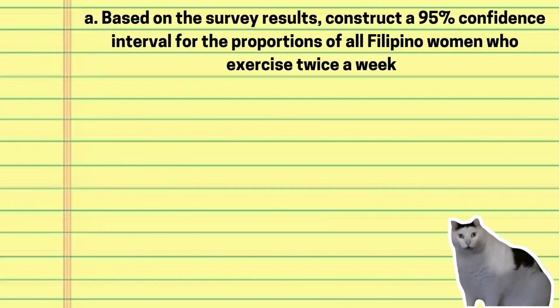To calculate the sample proportion, the formula is x, which is the total number of successes, over n, which is the sample size.